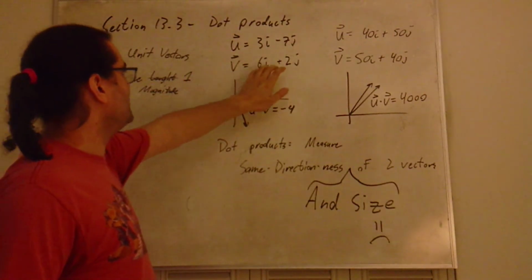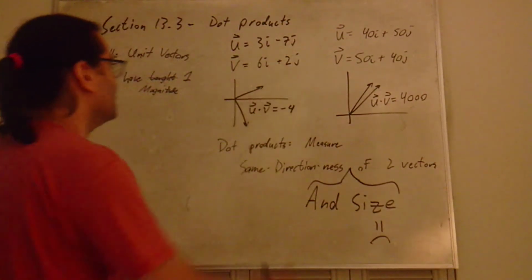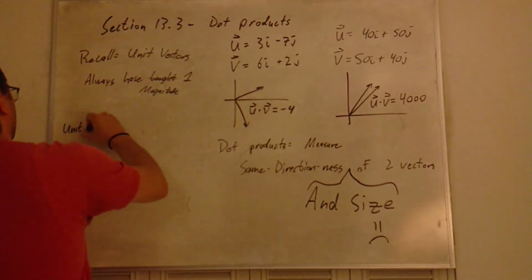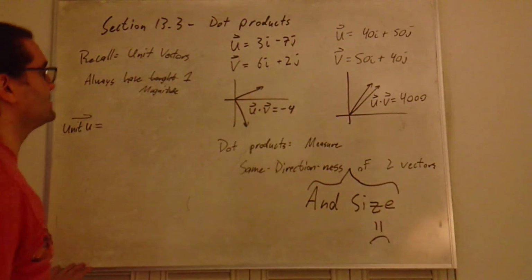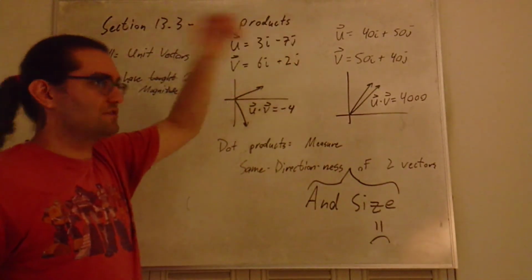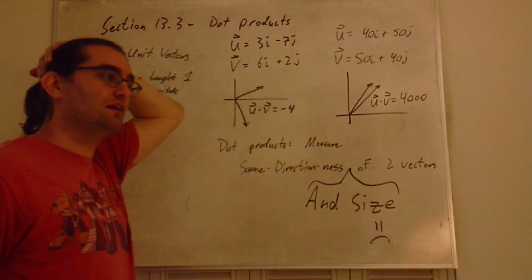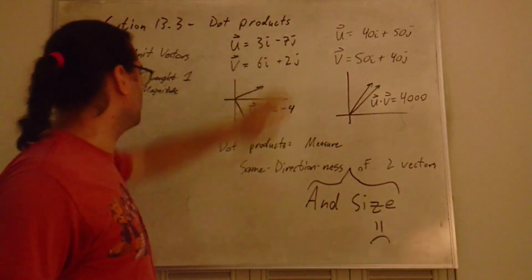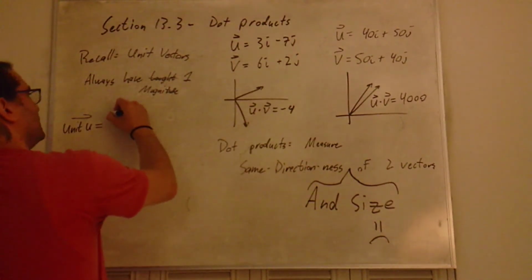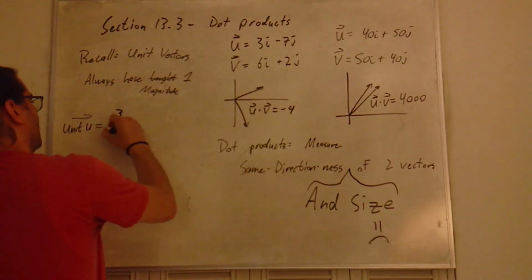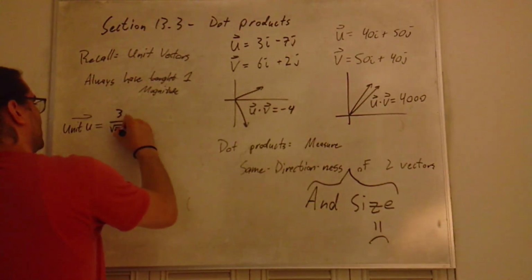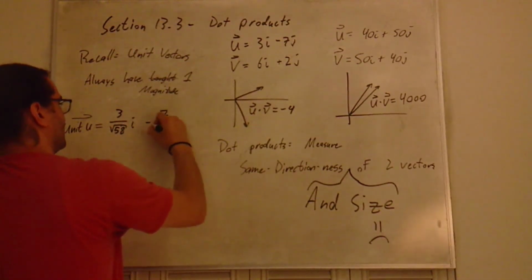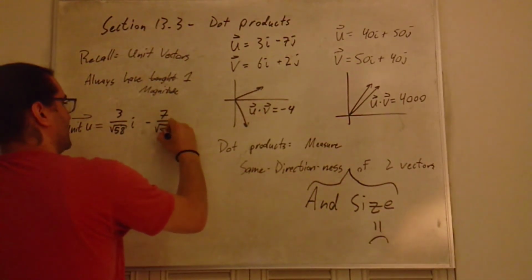So let's do this example here. Let's turn this into unit vectors. Unit u should be, let's see, 3 squared is 9, 7 squared is 49. So this would be 58, square root of 58. So unit u is 3 over root 58 i minus 7 over root 58 j.